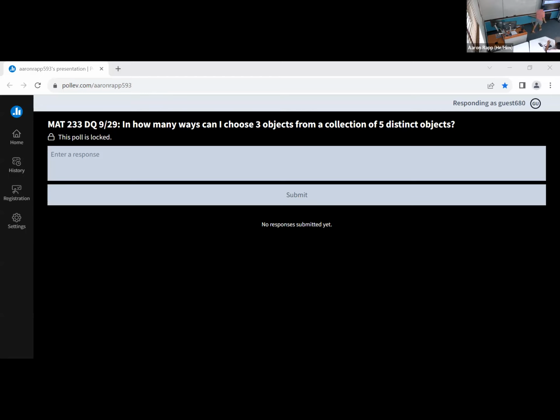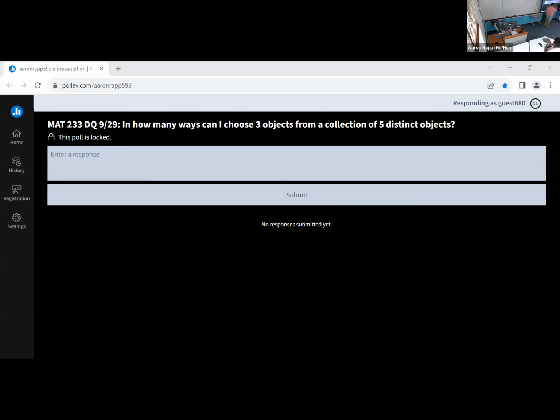How do I do this calculation? 5 factorial divided by 3 factorial. Technically 5 minus 2 factorial, but this just becomes 5 factorial over 3 factorial over 2 factorial, or 3, and it becomes everything.